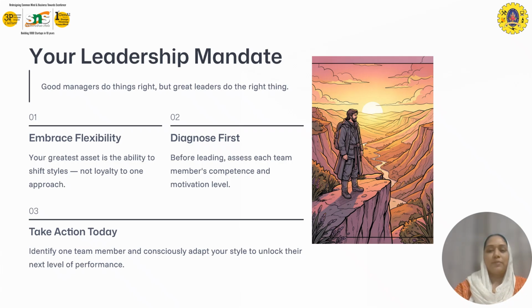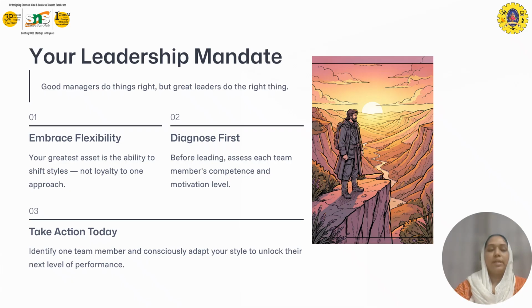So we always have to make our team and employees more flexible, and try to approach their problems. The first thing is embracing flexibility. A great team is formed by its ability to shift style, not by loyalty to one approach. Every time we find the situation is different, we have to find a new approach. Next is diagnostics.